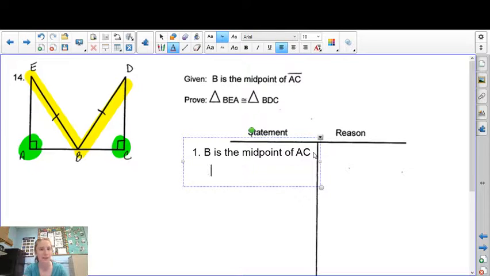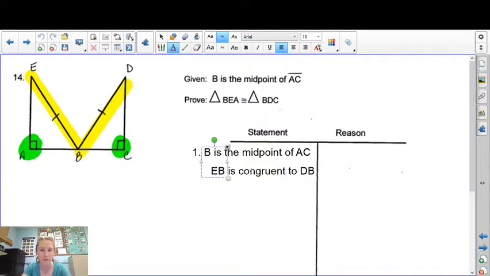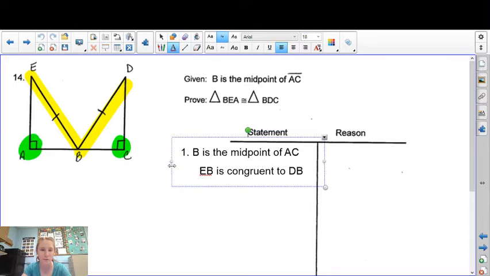So I said that EB is congruent to, we'll go E to B, D to B. And here's the reason I can make that assumption: B is going to be equal to B. If you look in your proof statement, it has B in the same spot as B. So theoretically, when I'm trying to prove it, I'm trying to show that B and B are congruent to each other.